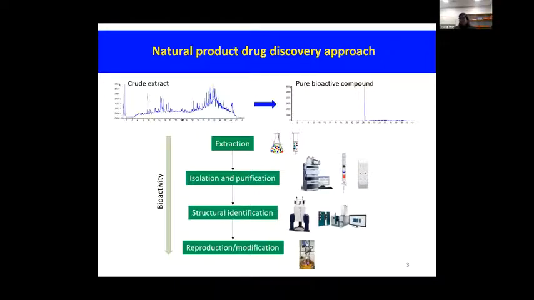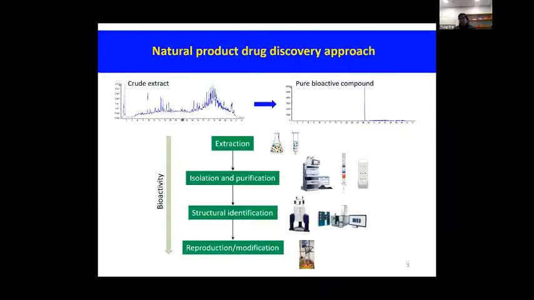Extraction can be done by liquid extraction or sometimes solid phase extraction. Then the next step is isolation and purification. We do a series of chromatography steps, very fancy like HPLC, or very traditional like gravity column chromatography or thin layer chromatography. But at the end of the day, we should have pure compounds for further structural identification.